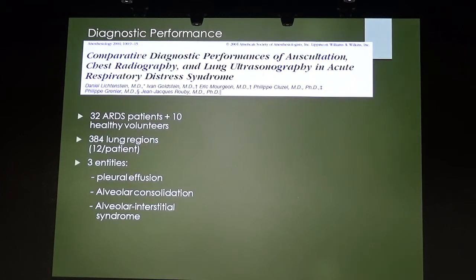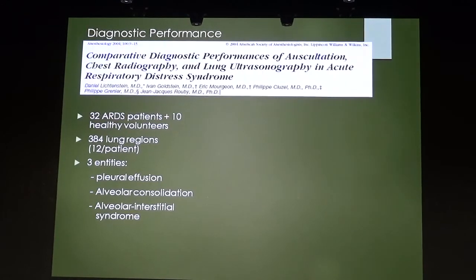They recruited 32 ARDS patients and examined 384 regions, so 12 regions for each patient, to assess 3 entities: pleural effusion, alveolar consolidation, and alveolar interstitial syndrome, and they used the CT scan as the reference method.